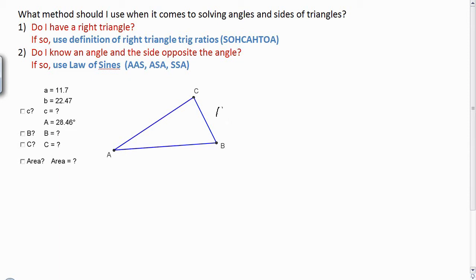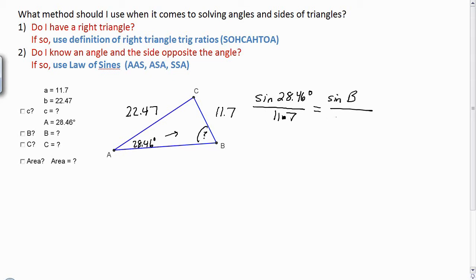The next example will be a side-side angle where I happen to have on this side A will be of length 11.7, length B would be 22.47, and angle A, which is 28.46 degrees, and more importantly, opposite 11.7. So I can use that particular ratio of sine of 28.46 degrees is to 11.7 as, and since I do have side B, I guess we'll figure out what angle B is here, and we'll say sine of B is to 22.47.